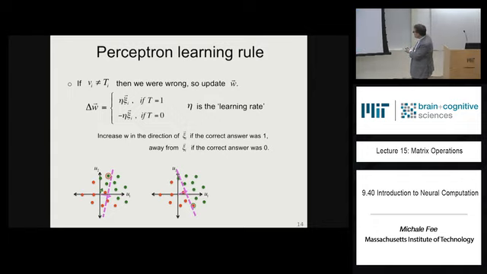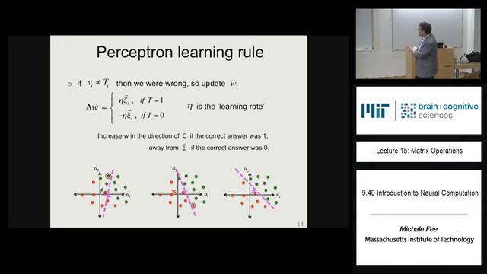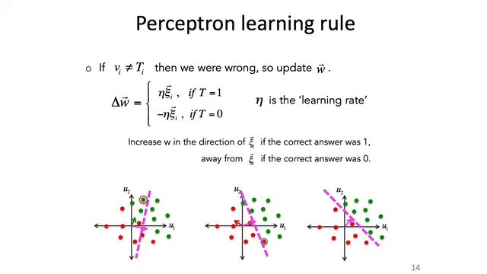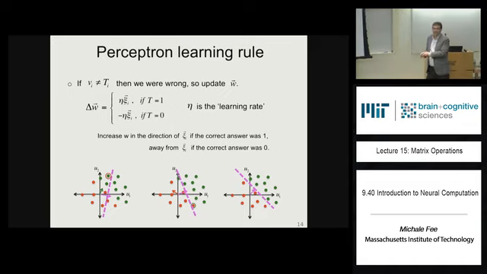The input is C, so minus C is in this direction. We add those two vectors to get our new W. There's our new W and our new decision boundary, and you can see that it is now perfectly oriented to separate the red and the green dots.